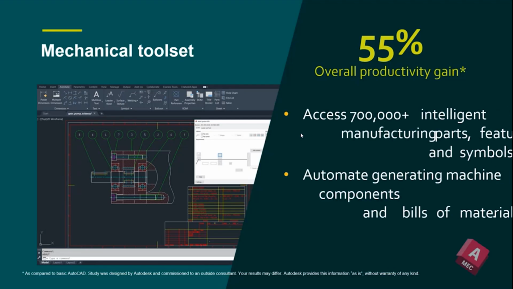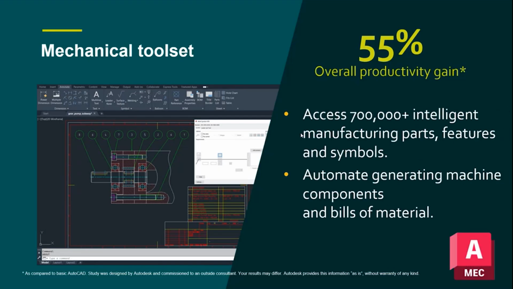With the toolset, subscribers can even create parts with all project information, which assists in making complete machine parts, and they can also access 7 lakh library intelligent part features and symbol libraries.